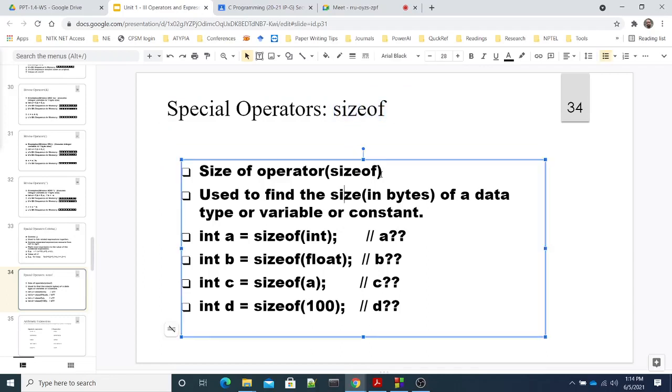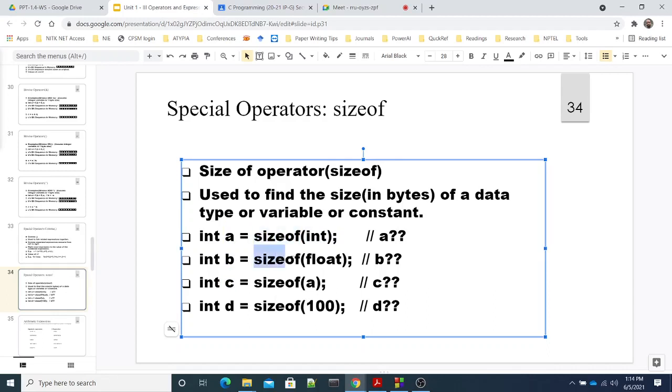You know the application of this already. So I will get the sizeof an integer; this is a data type, this is also a data type, and this is a variable. So I get the size of all of these. The output of this operation will be an integer. That's why every time I am assigning it to an integer, because it is a number of bytes, and the number of bytes is an integer value.